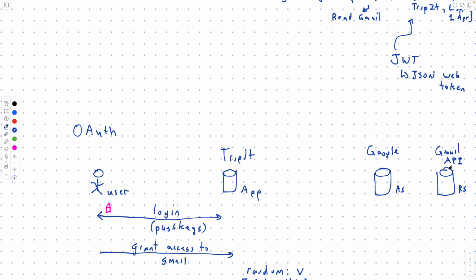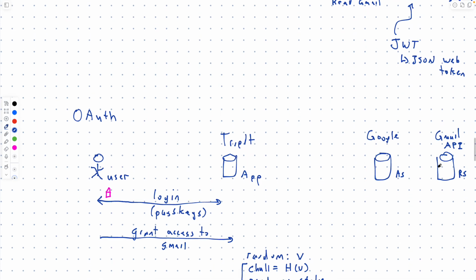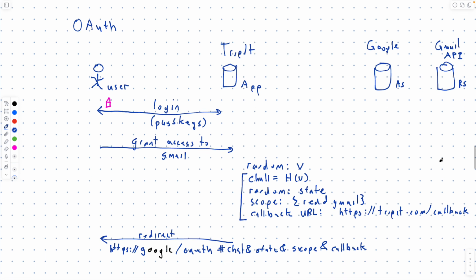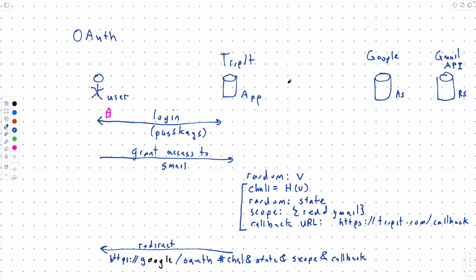Just because the connection is established, if anything happens with the passwords or anything like that, it doesn't change. Now, TripIt has direct access to your email straight from the Gmail server. It's almost like TripIt has its own password for your email.